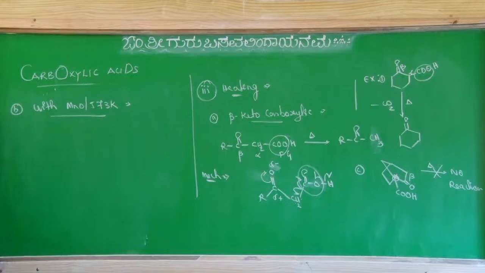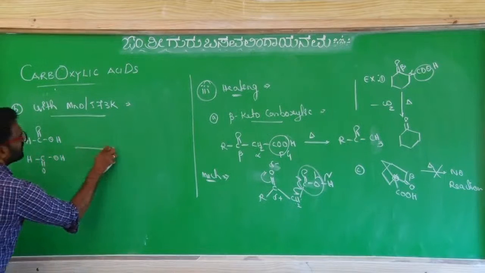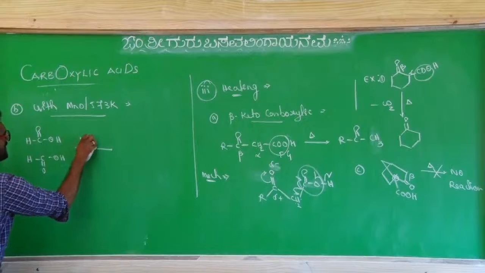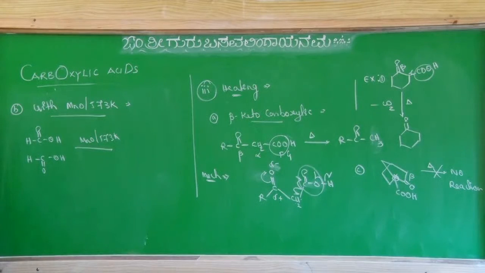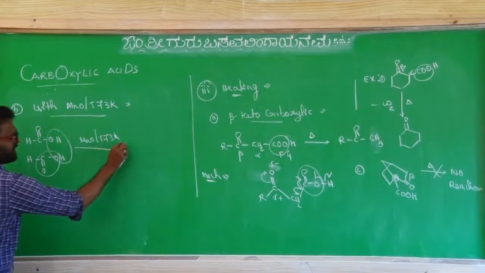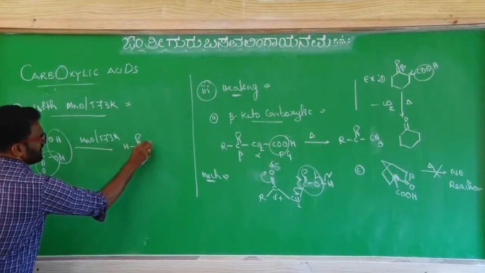What products will we normally get? If I take formic acid, 2 moles of formic acid on heating with manganese oxide at 573 Kelvin, there will be a loss of carbon dioxide and water, and you will get formaldehyde as the product.